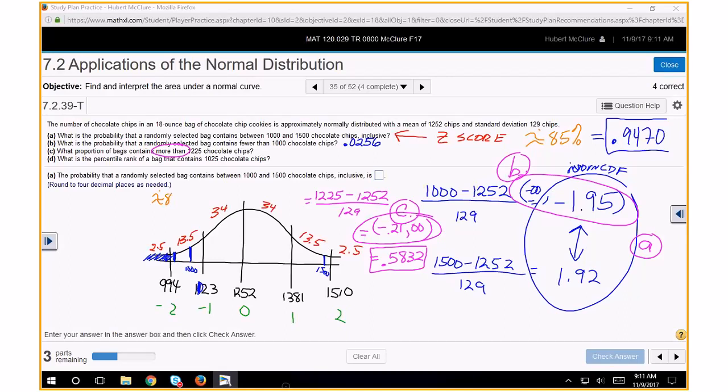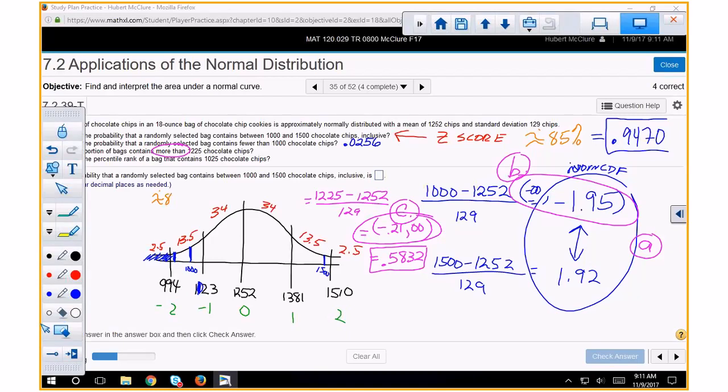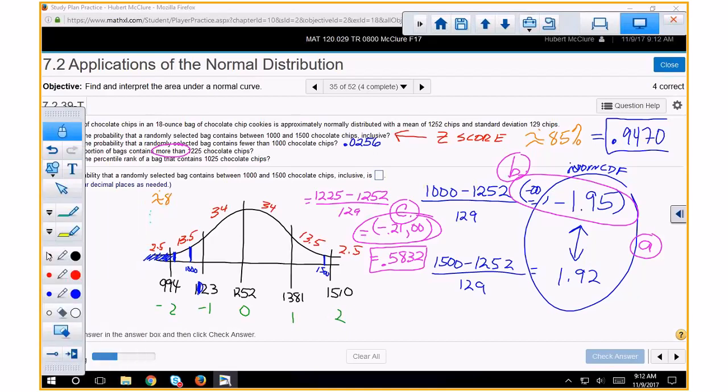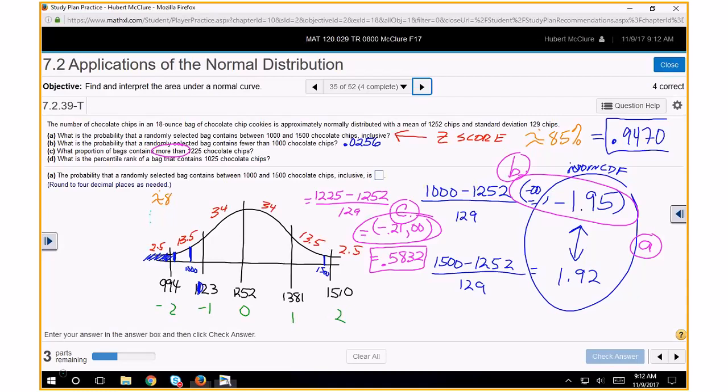Now D, what is the percentile rank of a bag that contains 1,025? So 1,025, we'll do it in a different color. 1,025 minus 1,252 over 129.